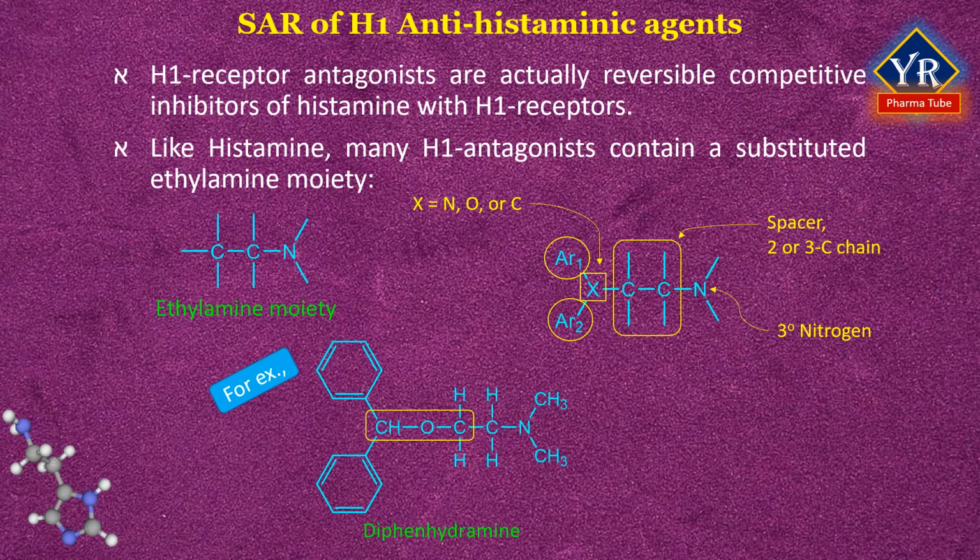Sometimes the two aromatic rings are bridged, as in the tricyclic derivatives, or the ethylamine may be part of a ring structure, as shown in the structures of diphenhydramine, which is an ethanolamine, chlorpheniramine, an alkylamine derivative, pyrilamine, an ethylenediamine derivative, chlorcyclizine, which is a piperazine derivative, promethazine, which is a phenothiazine derivative, and loratadine, a tricyclic piperidine derivative.